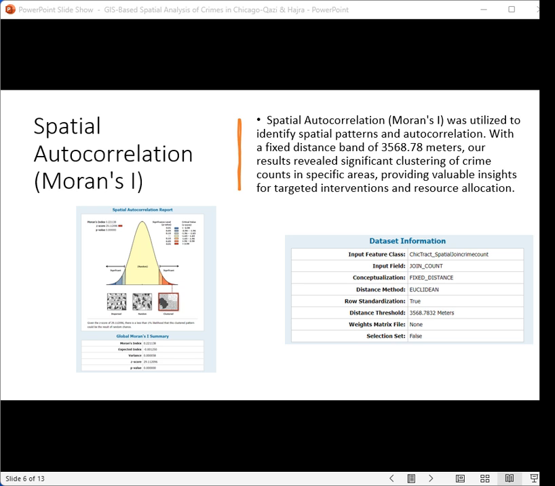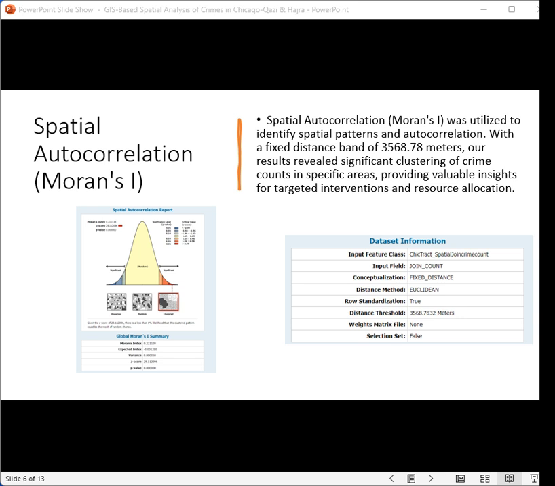Our spatial autocorrelation analysis method was instrumental in identifying clustering or dispersion patterns. By examining whether crime incidents show spatial clustering, we gained insight into regions with spatial dependence or high crime clusters.